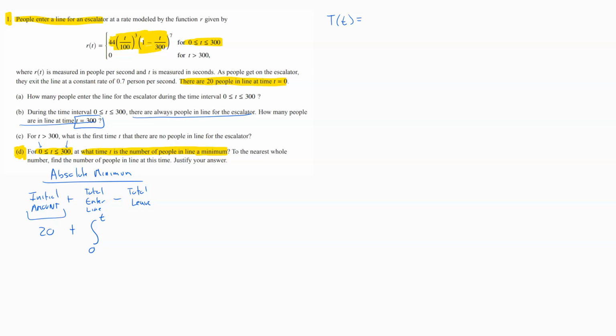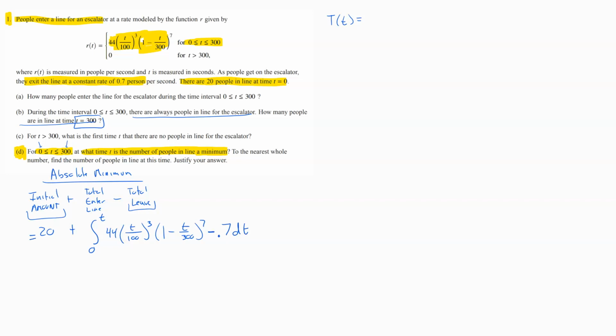The total entering is going to be that top equation, so 44 times (t over 100) to the third times (1 minus t over 300) to the 7th. And we subtracted off of that the total amount of how many were leaving. That was telling us that people are exiting at this rate of 0.7, so this was minus 0.7, and then we have this dt right here.